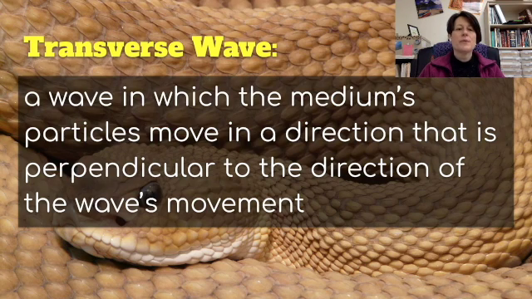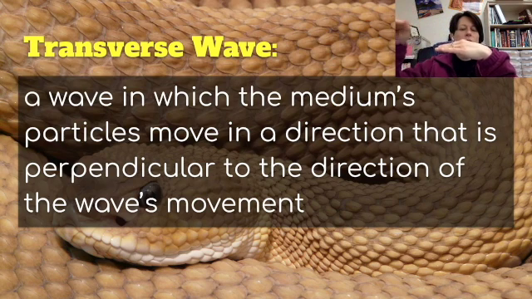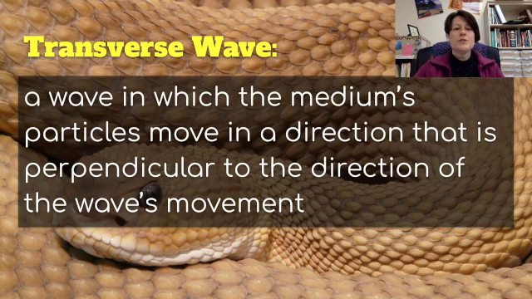Now, different types of waves. The first type we're going to talk about is a transverse wave. This is a wave in which the medium's particles move in a direction that is perpendicular to the direction of the wave's motion. So the wave is moving this way, the particles are moving this way, or I could even do this. Okay? And what I want you to do is next to transverse wave here, draw a snake in the shape of an S because these are always, they kind of are in the shape of an S. They go up and down like hills and valleys.